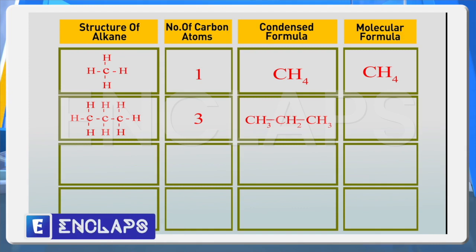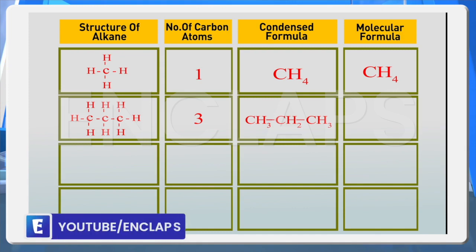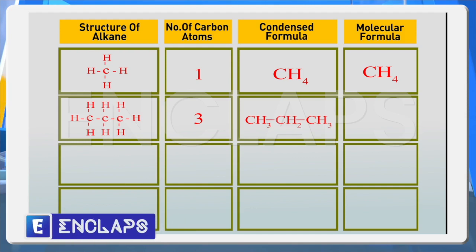Then there is a single bond to the second carbon. So CH3 single bond C. There are 2 hydrogen atoms. That means CH2. Then single bond to the next carbon atom. Single bond C. Then there are 3 hydrogen atoms. That means CH3. So the condensed formula is CH3 single bond CH2 single bond CH3.